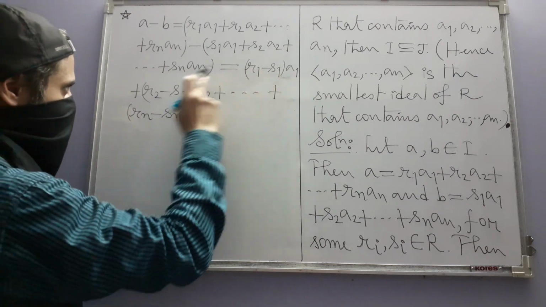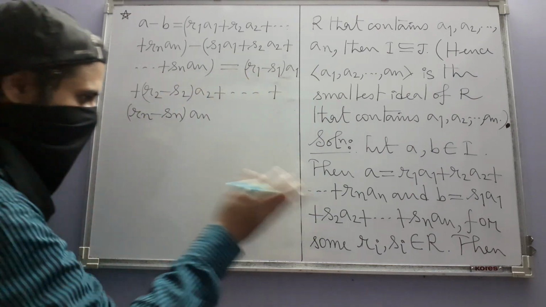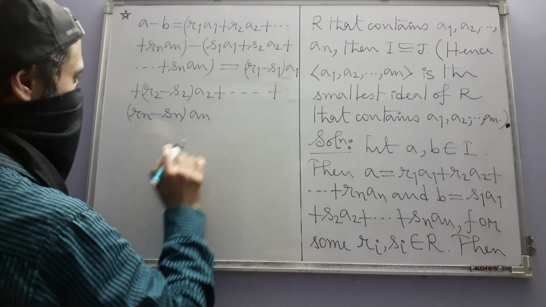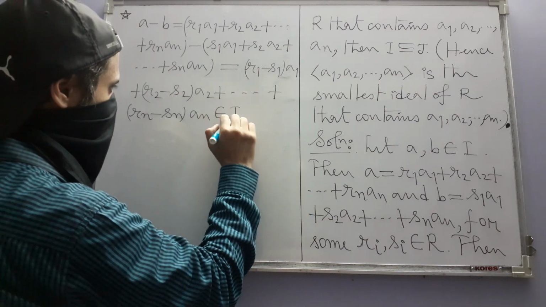And since these differences are after all ring elements, that is elements in R, this clearly belongs to I.